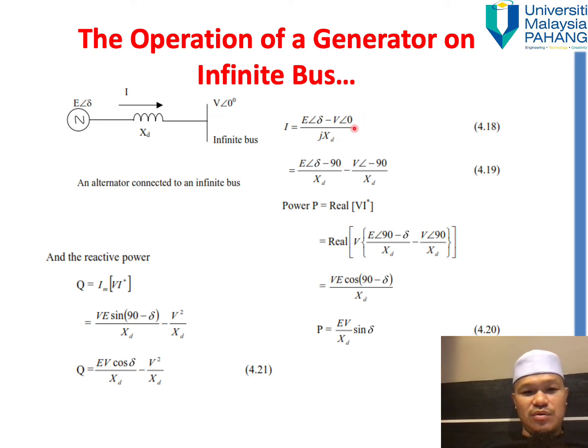This one is 0 minus 90 degrees, because in phasor, when you do division, the angles subtract. So you get I equals E angle delta minus, with the brackets.